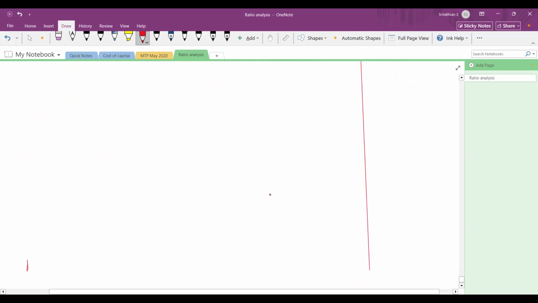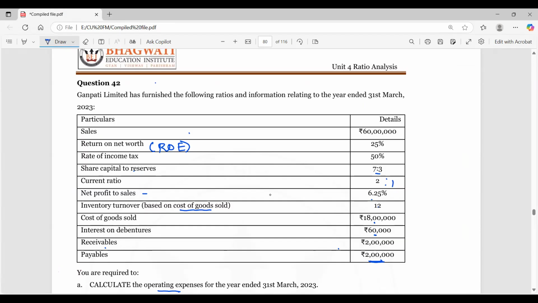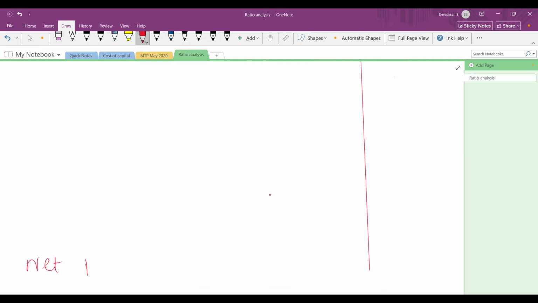So write down net profit. When you take 6.25% of sales, that is nothing but net profit. Net profit is equal to how much? Sales is 60 lakh into 6.25%.